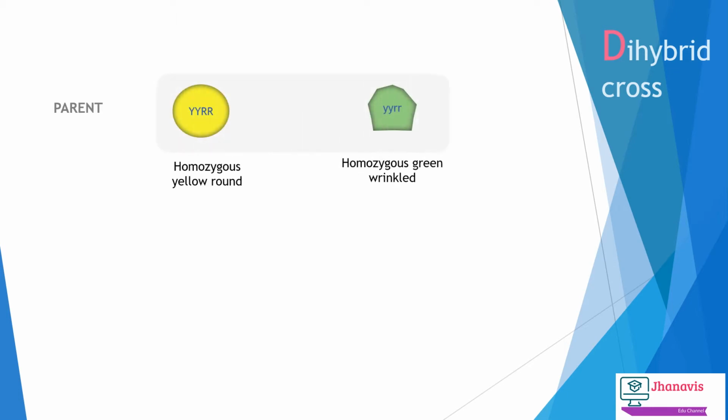Okay, let's see the dihybrid cross with a diagrammatic representation. Here I am taking the two parents. The first parent will be yellow color and round seed, whereas the second parent will be green color and wrinkled seed. The gametes here will be capital Y and capital R, whereas for the green and wrinkled the gametes will be small y and small r.